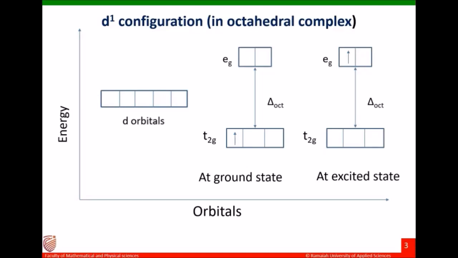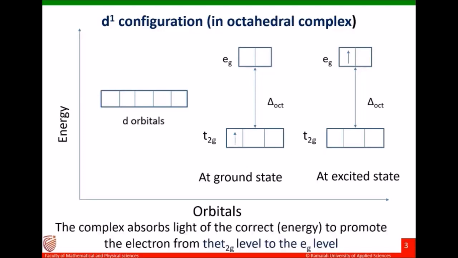Here you can see at ground state the electron was in T2G. After the absorption of light, the electron is now shifted to EG. The complex absorbs light of the correct energy to promote the electron from the T2G level to the EG level.